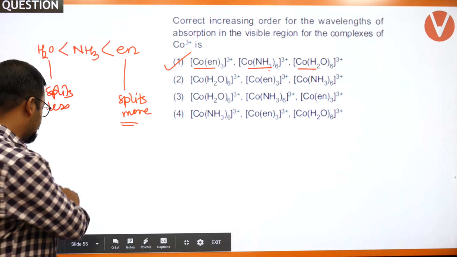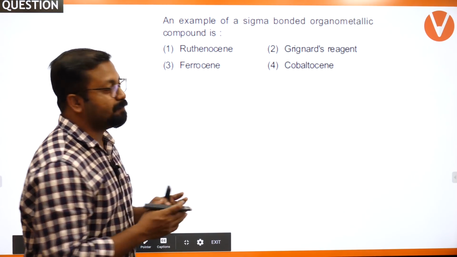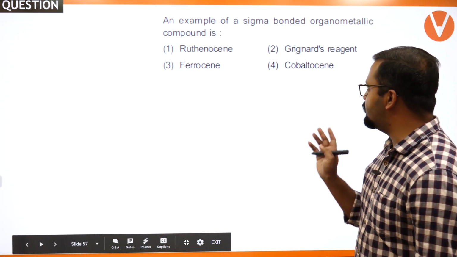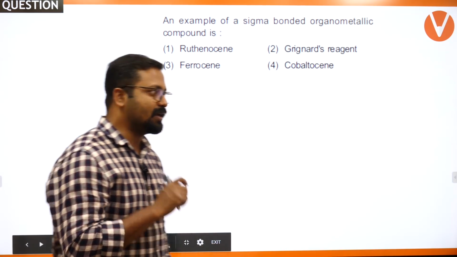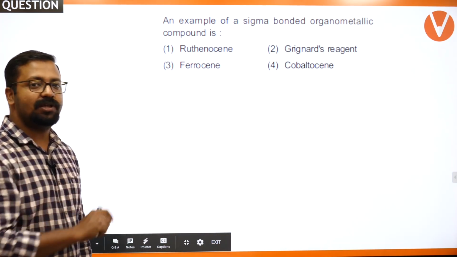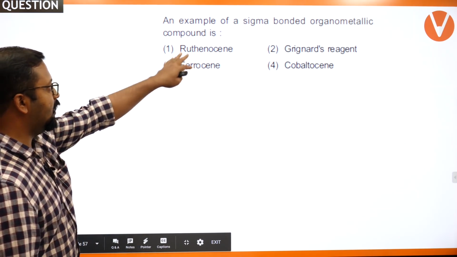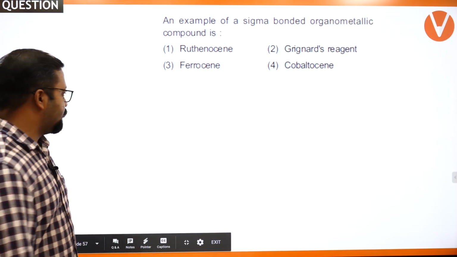Okay, let's go to the next question. The example of a sigma bonded organometallic compound, the right answer for this question is Grignard reagent. So Grignard reagent is the right answer because in Grignard reagent RMgX, there is a sigma bonded unit. Okay, ferrocene, ruthenocene, cobaltocene, they are pi bonded units.